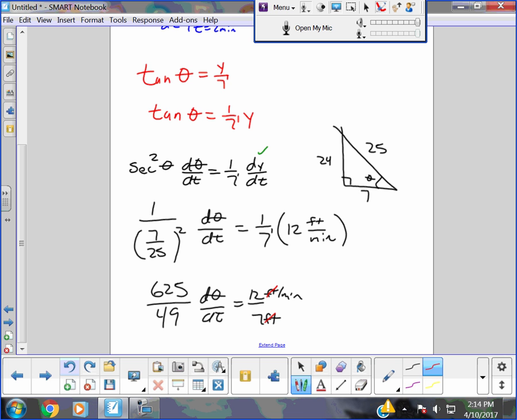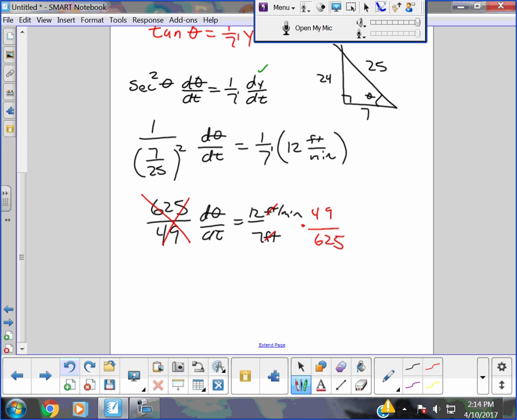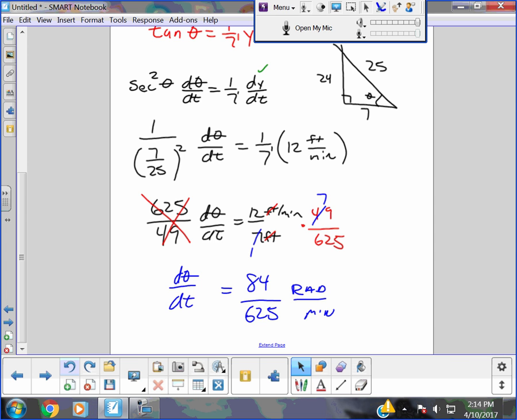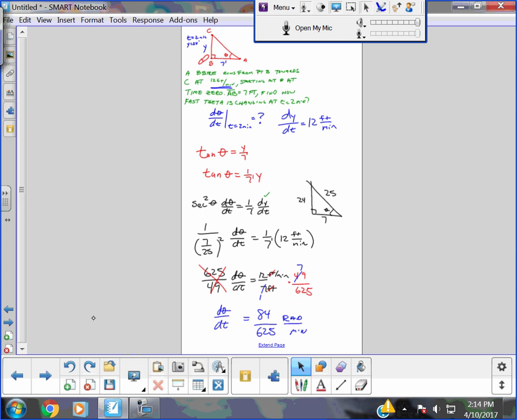So I have to multiply both sides by 625/49, and at least some of the math is easy here. So I think my answer is 84/625 rads per minute. And we have found the answer.